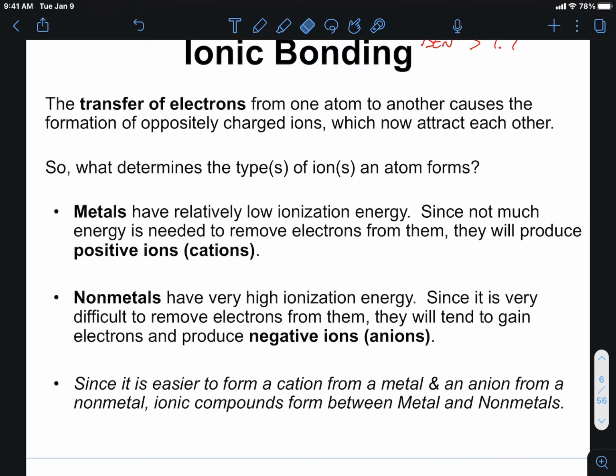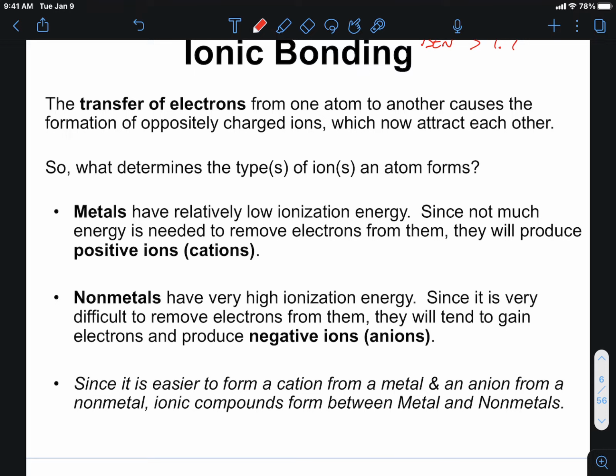So if we review what we know about metals and nonmetals. Metals have low ionization energies. All right, we know this. All right, we know that metals produce positive ions because they don't hold on to electrons very strongly. They end up losing their electrons. We know that. Nonmetals have high ionization energies and high effective nuclear charges. It's difficult to remove electrons from them, and that's why nonmetals produce negative ions.